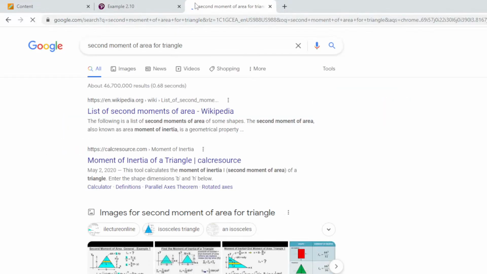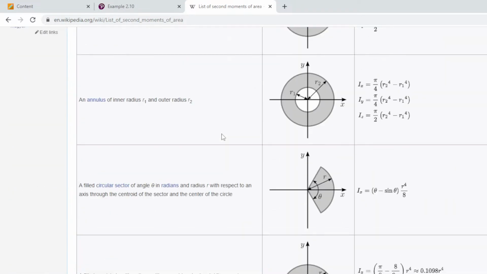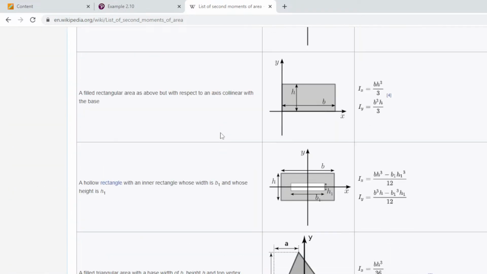Usually a lot of people criticize Wikipedia, but I kind of find them to be okay. Let me see if I can find a triangle.